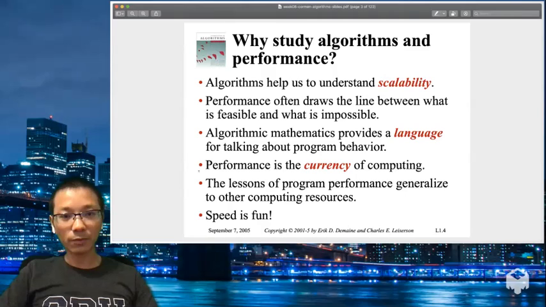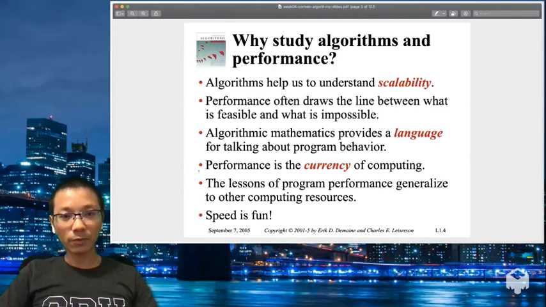And so the algorithmic mathematics is actually a language for talking about program behavior. Now, what does that mean? Essentially, when we talk about analysis here, we're going to be touching a little bit on mathematics.